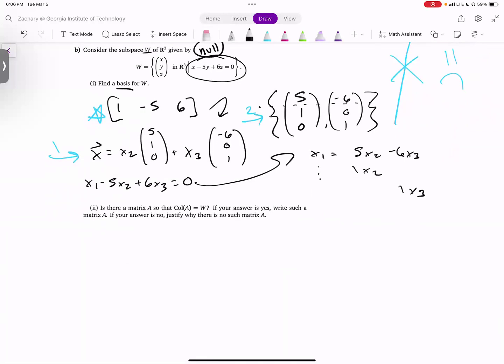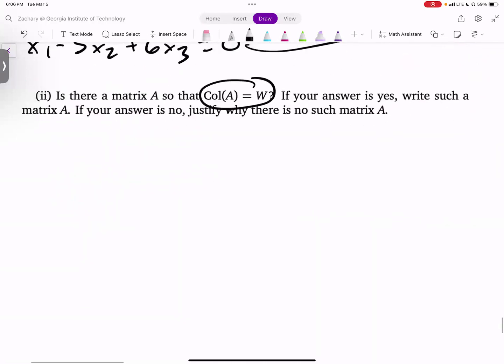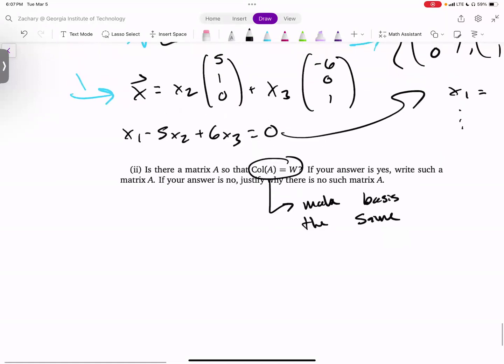The next part says, is there any matrix such that column space is equal to W? So what this is really saying is make the basis the same. Okay.